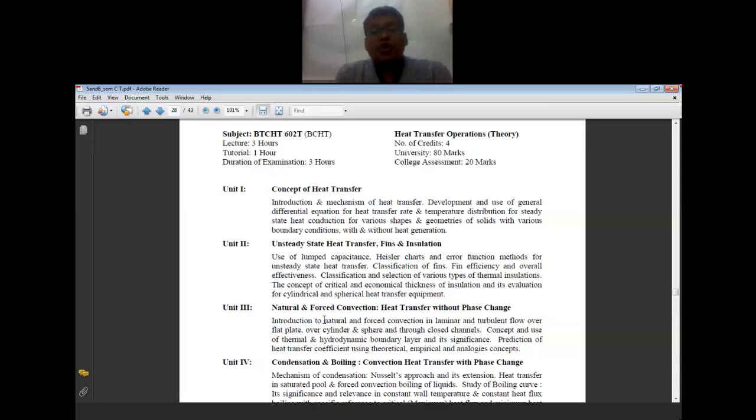Then the prediction of heat transfer coefficient using the theoretical, empirical and analogies concept. So the different equations we are going to study, that is some theoretical equations, basic equations, and those basic equations with certain empirical, that is your experimental equations.